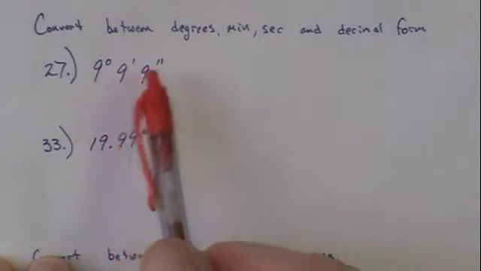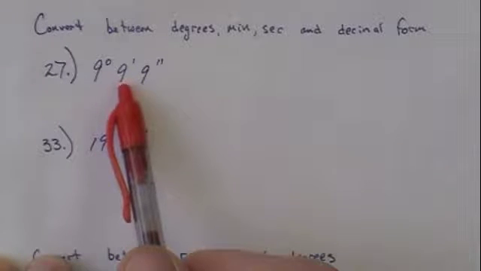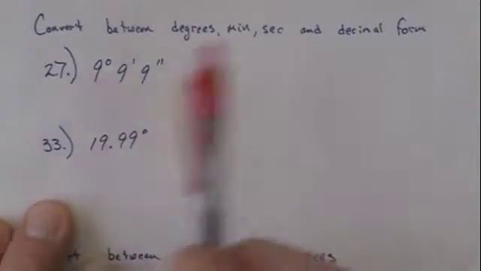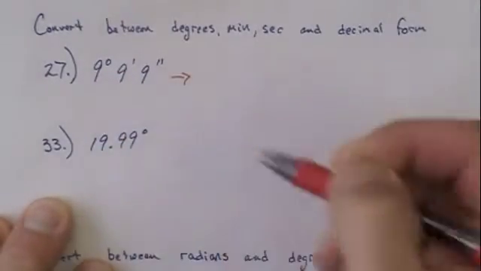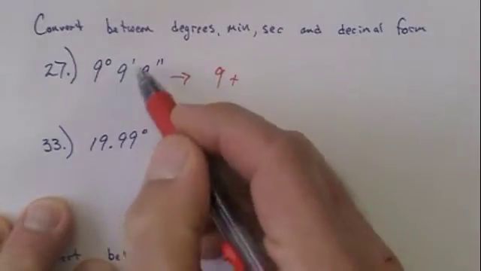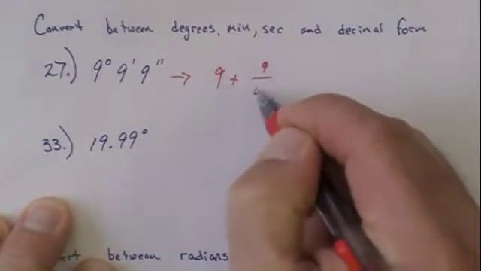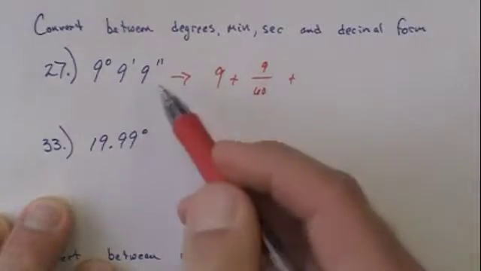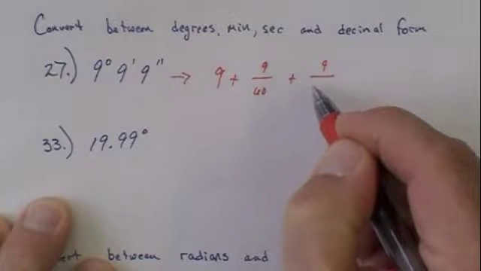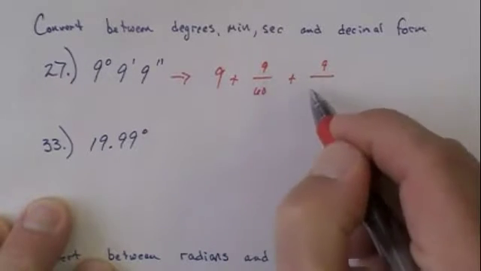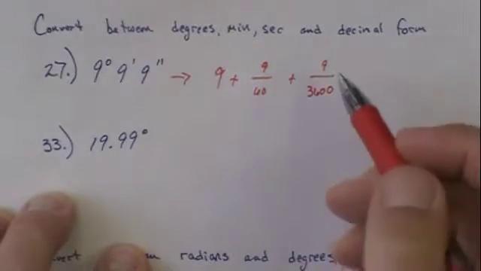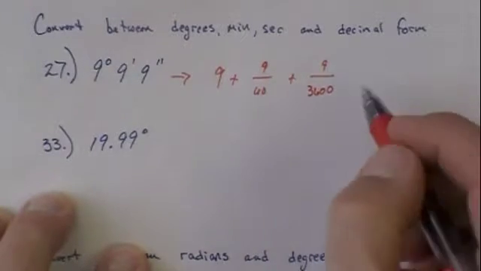So minutes and seconds, just like with time, we're saying that there would be 60 minutes in a degree, 60 seconds in a minute. So if we're going to convert to decimal form, we take our 9 degrees plus the 9 minutes, that's 9 out of 60, plus the 9 seconds, which would be 9 out of 3,600, 60 times 60, to go into our decimal form.